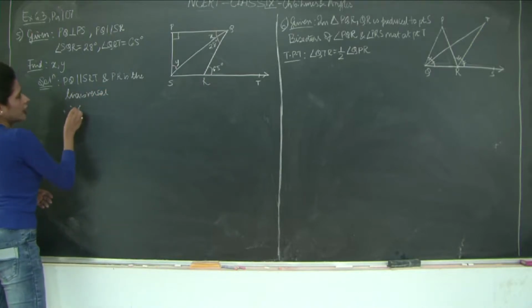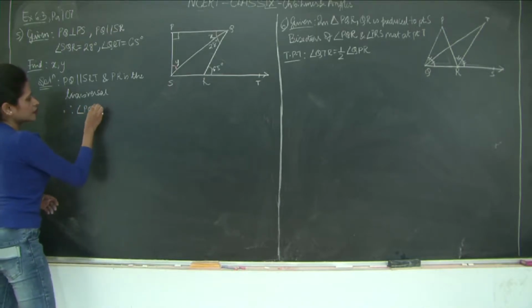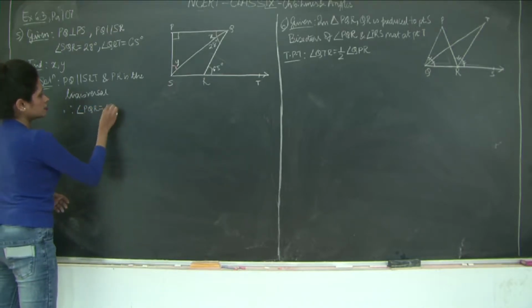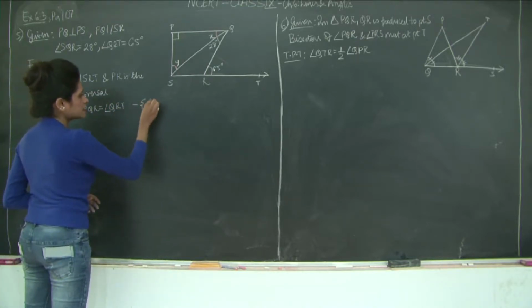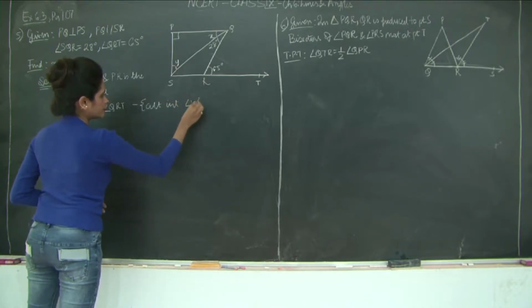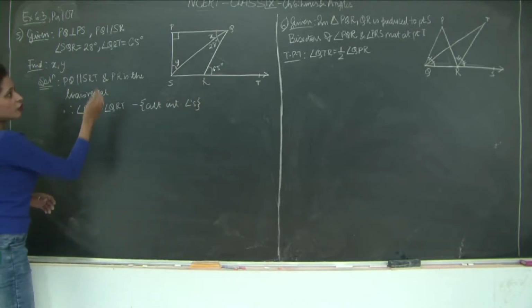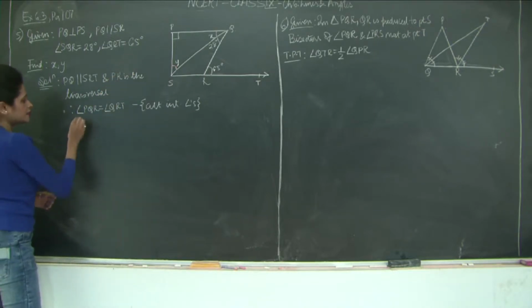Therefore, angle PQR is equal to angle QRT. Why? Alternate angles, alternate interior angles. But PQR is the sum of PQS plus SQR. So let's rewrite this.